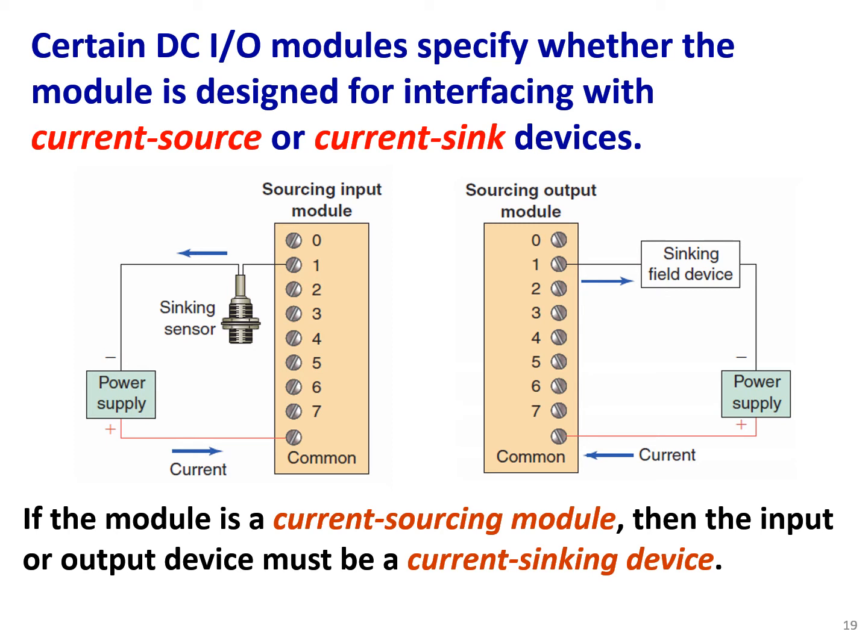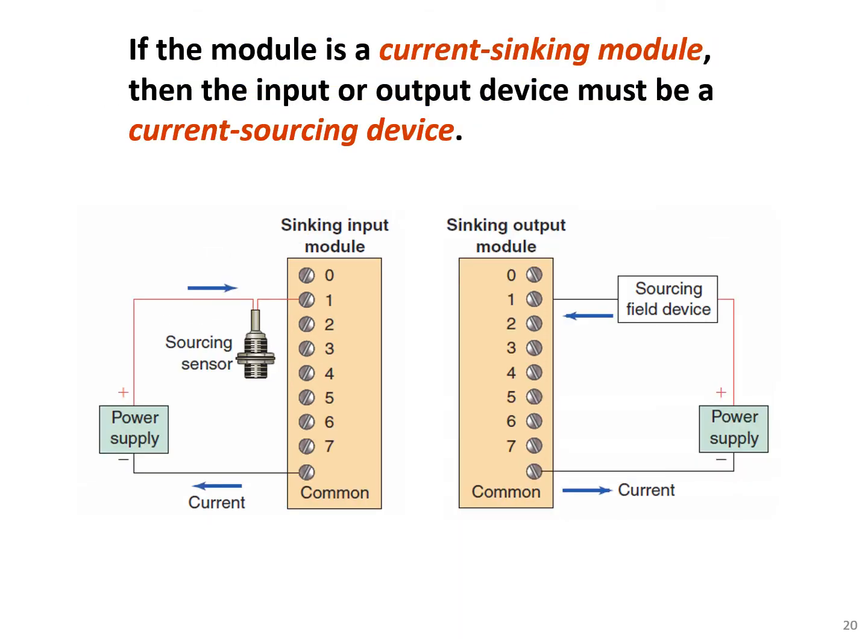And if devices are current sink, then the module should be current source. If the module is a current sourcing module, then the input or output devices must be current sinking devices. So they should be opposite and they should be complementary of each other. If the module is a current sinking module, then the input or output device must be a current sourcing device.